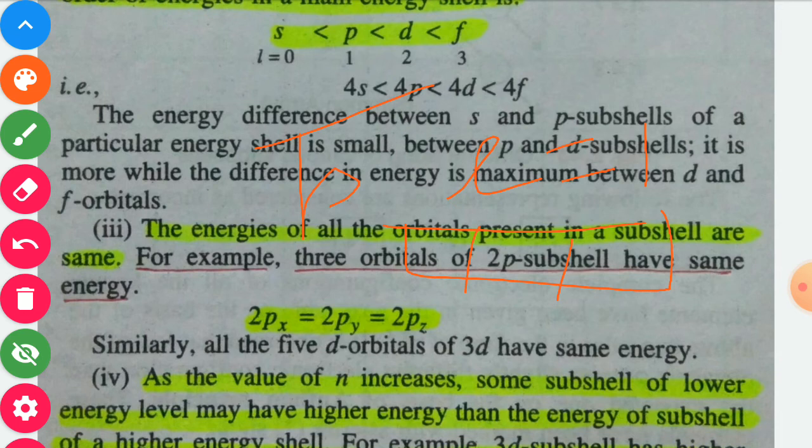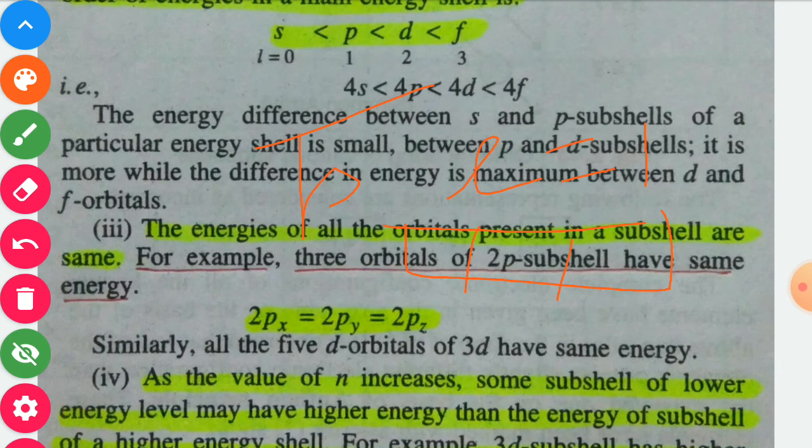All these 3 orbitals have equal energy to each other. In other words, the energy of px is equal to the energy of py, and the energy of py is equal to the energy of pz.